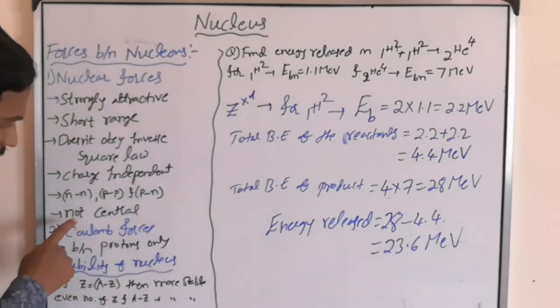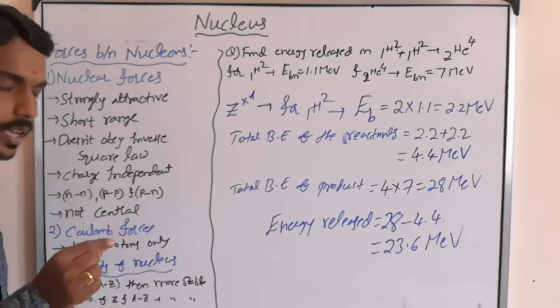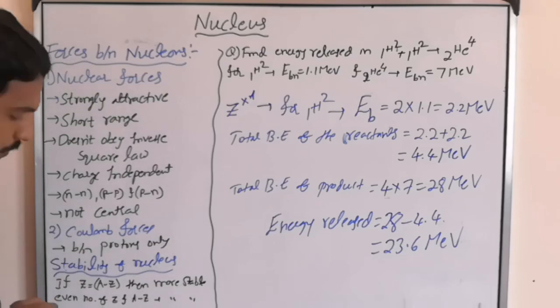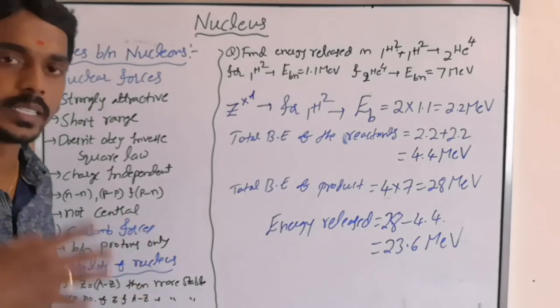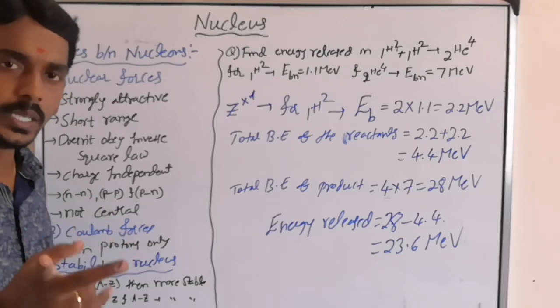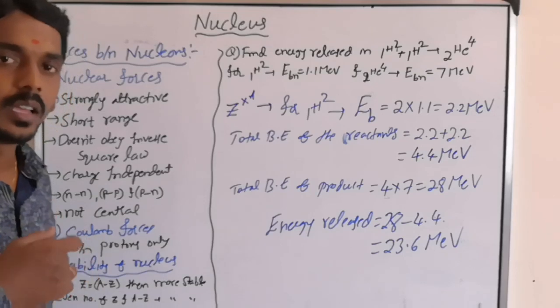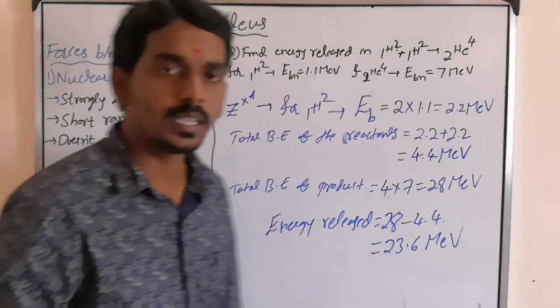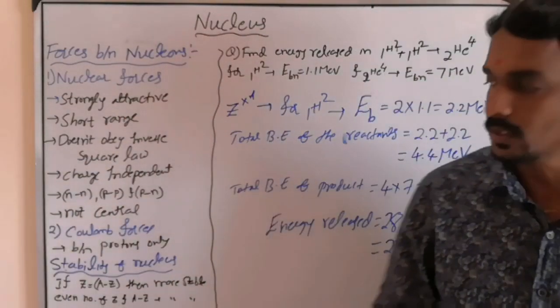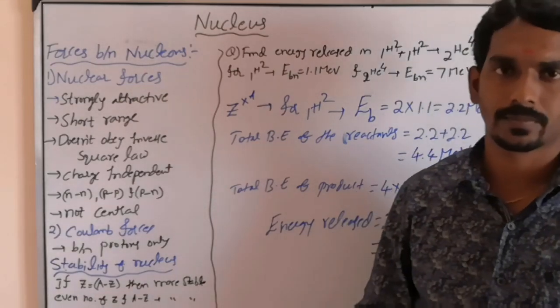But if you take the combination PP, between proton and proton, apart from this nuclear force, there is also Coulomb force. Why? Because proton has charge. So between two like charges, what force will exist? Electrostatic force. And what kind of force between like charges? Repulsive force. So between two protons, there must be some repulsive force.